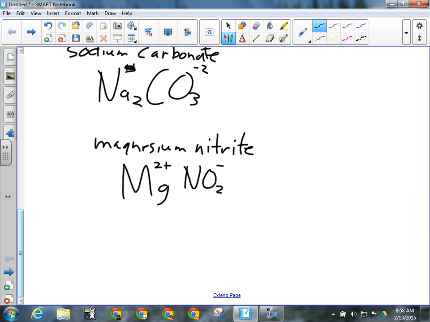So now I bring the 1 over here, I'm done with that, and now I bring the 2 over and drop it down. I can't leave it like this because that says there's 1 nitrogen and 22 oxygens. I want it to say there's 2 nitrites. So I put it in brackets. Is that making a little bit more sense?